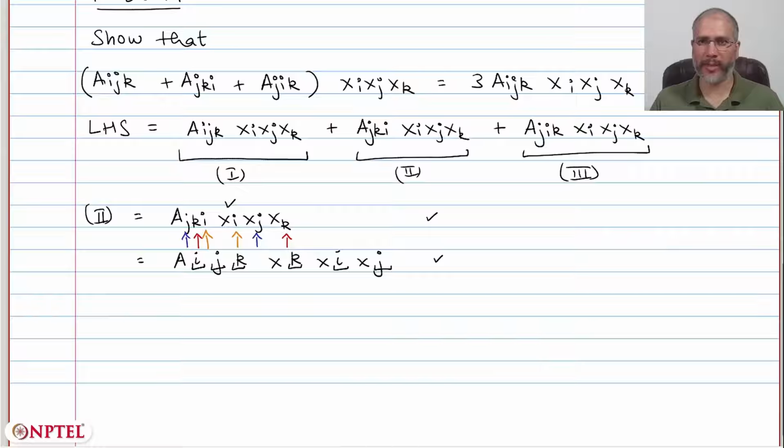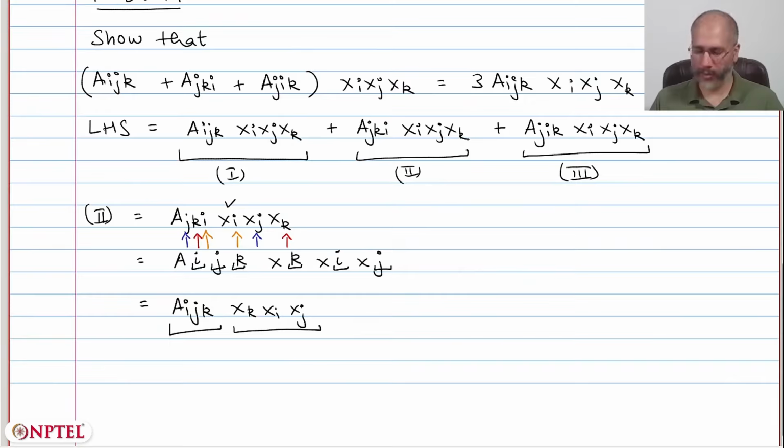So they are exactly the same except that we are using different dummy indices to denote the indices. So let's write it neatly. So this is aijk, xk, xi and xj. So we've been able to get this in the same form as aijk, but the x's are not in the right order.